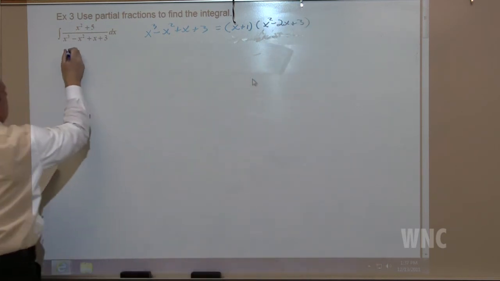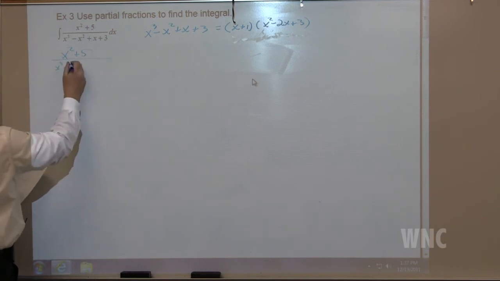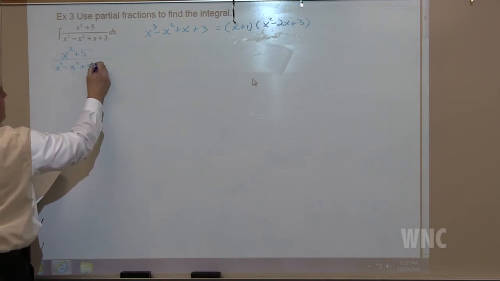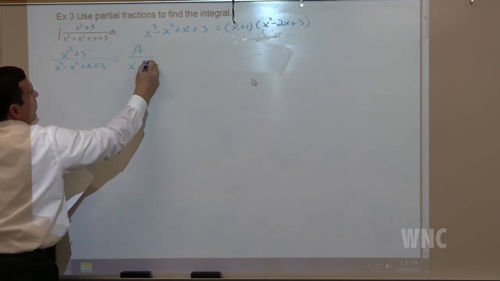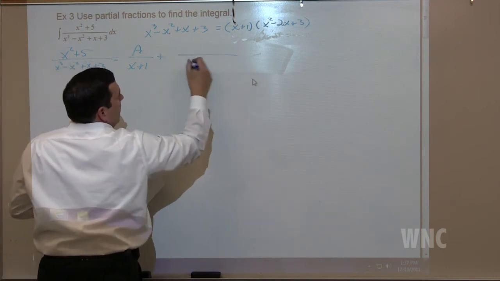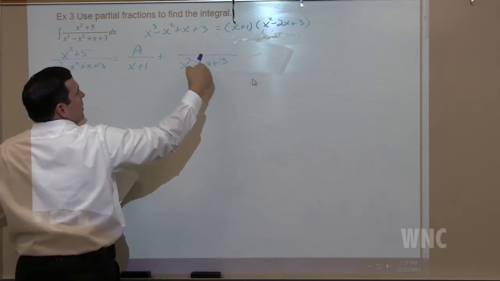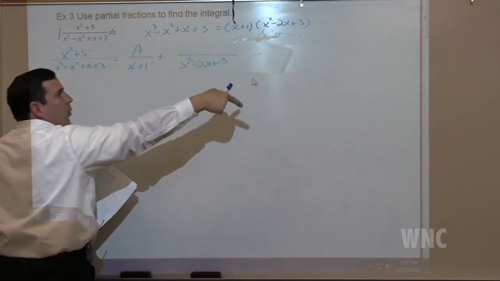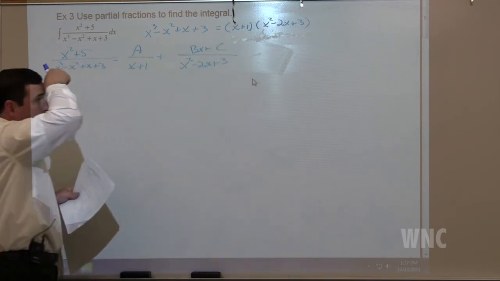So that when we have x squared plus 5 over x cubed minus x squared plus x plus 3, that's going to be equal to a over x plus 1. Now we haven't seen one like this yet. We have this x squared minus 2x plus 3 down below. So that's a second degree, 1 degree less is a first degree, bx plus c.